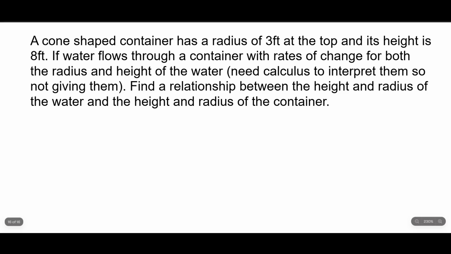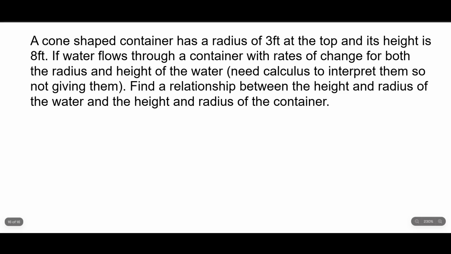It's more about taking what you are given, drawing pictures because it's a geometry-type problem, and then finding relationships from those pictures. Pictures are your friends in all of these application problems, especially when you get into calculus. So we've got to get into the habits of drawing the picture, interpreting the given info, and finding geometric relationships.